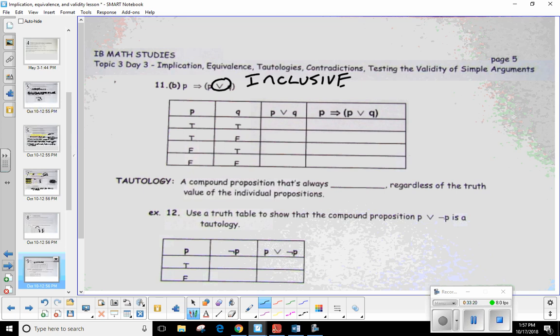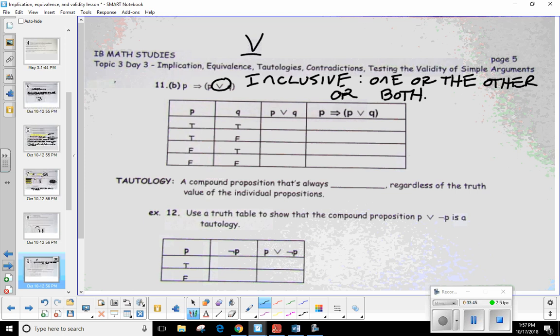There you go. One or the other or both. Yes. One or the other or both. Okay. In contrast to that was this. That's the exclusive. That's one or the other, but not both.